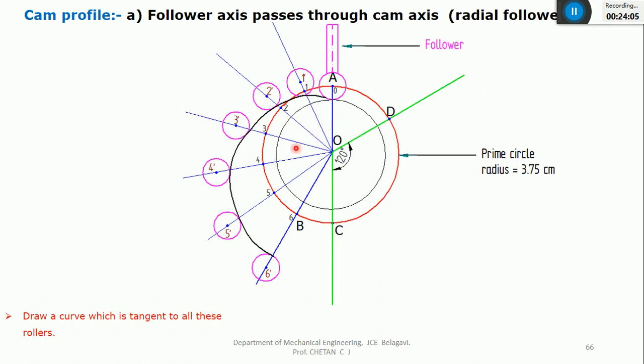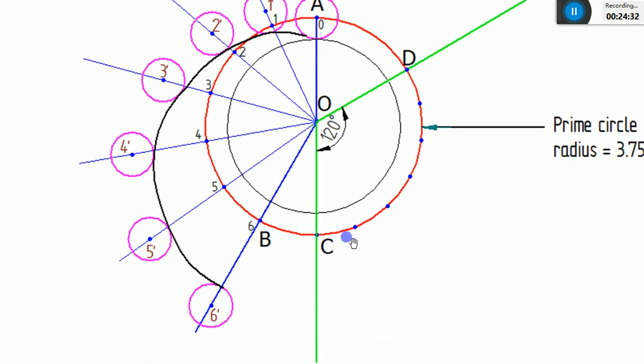Correct? And in a similar manner, I will go to this return stroke angle, that is 120. Again, I'll divide this 120 into 6 equal parts, that is 120 by 6, 20 degrees each, right? Correct. So I'll indicate 20, 20, 20, 20, 20 on this prime circle only. You can see all these points are present on the prime circle only.